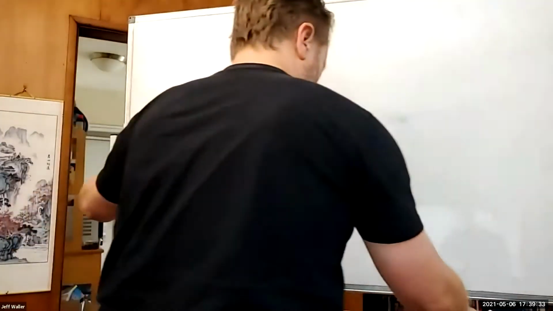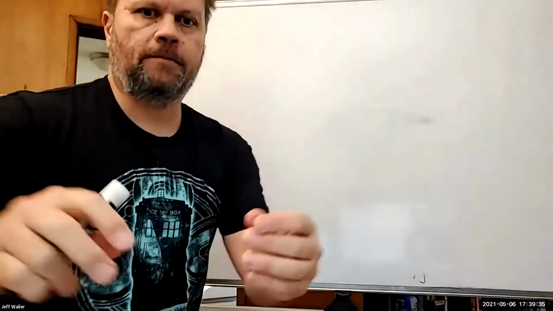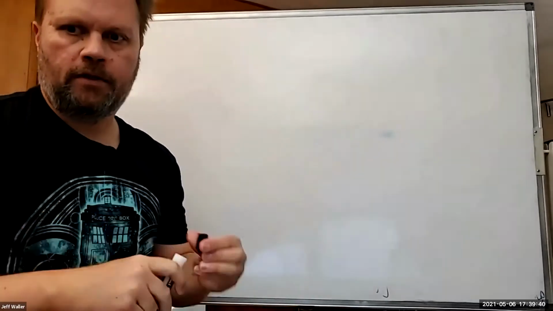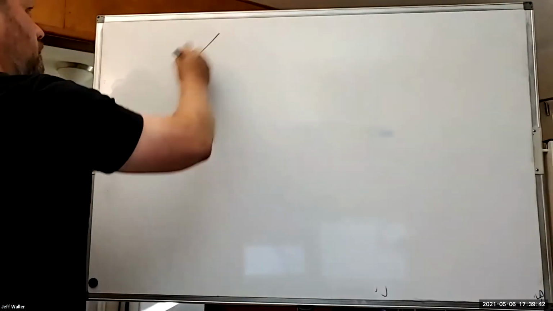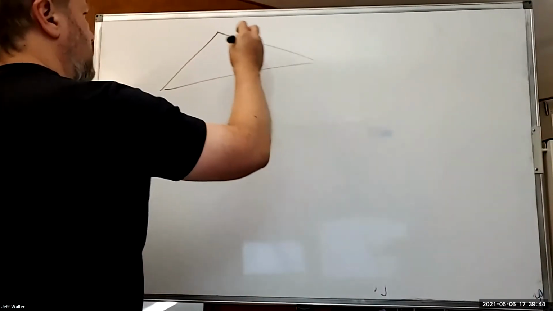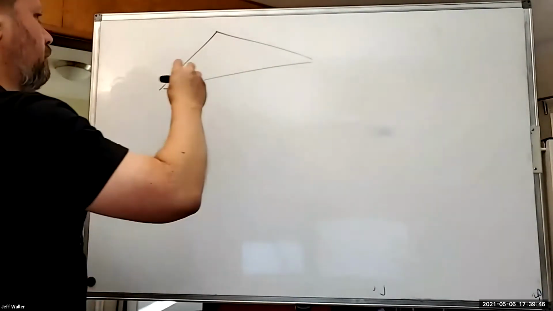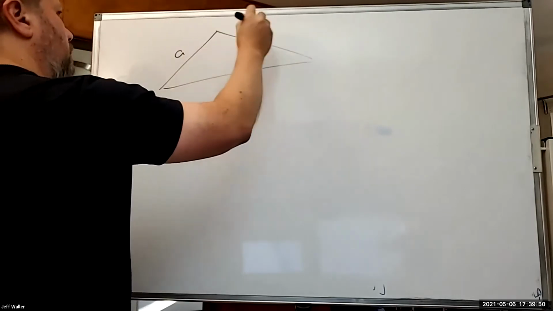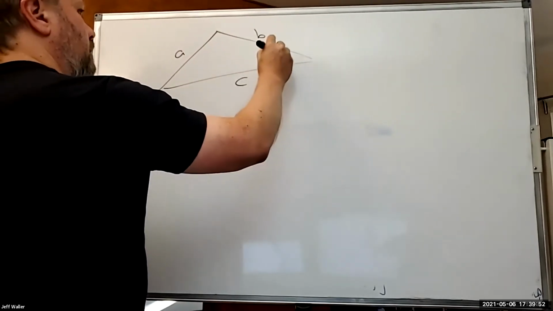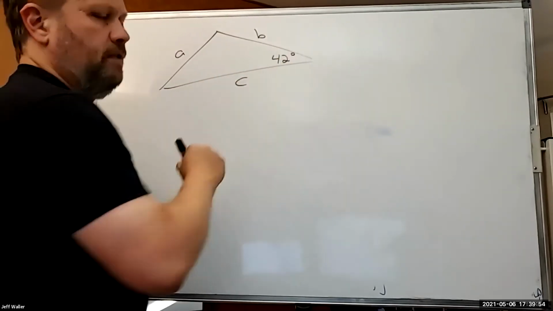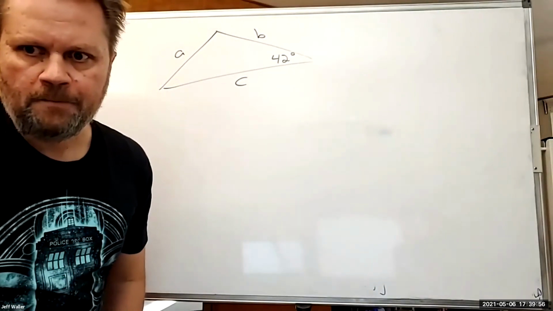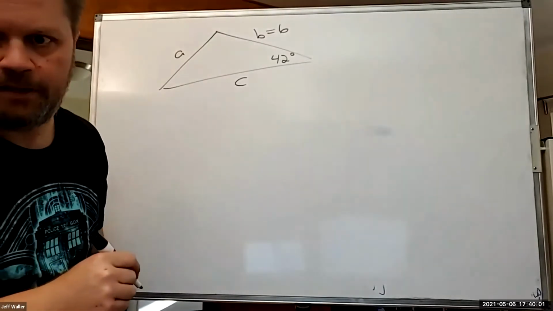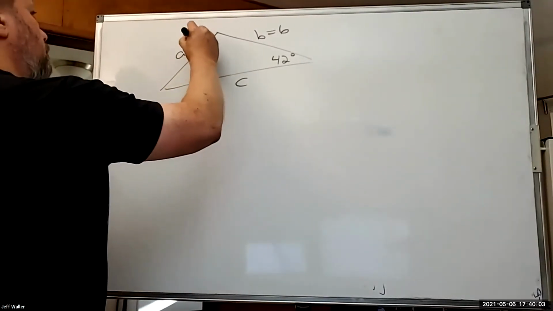Let me slap this down and maybe I can make it roughly look like it makes sense. I'm going to call this A, this B, and this C. This is 42 degrees, they tell me, angle A. They tell me side B is 6, and side A is 8.1.